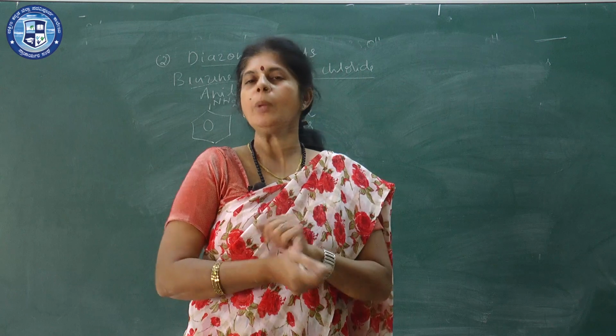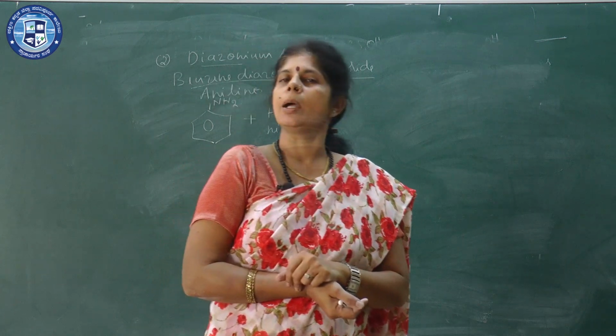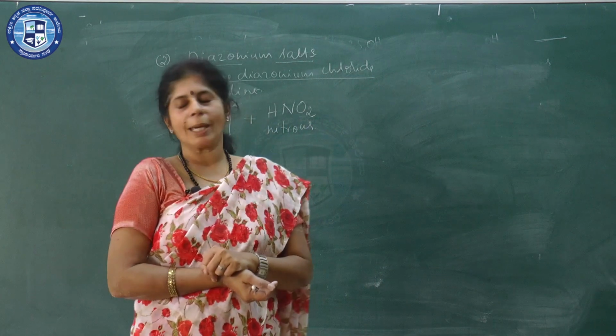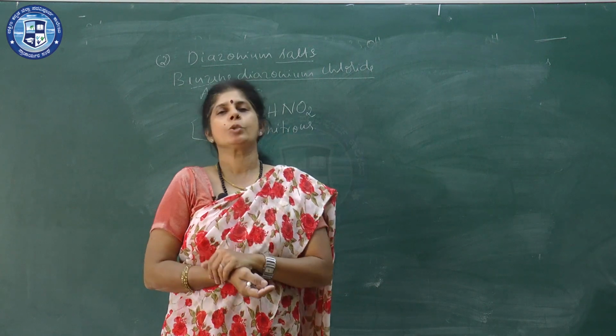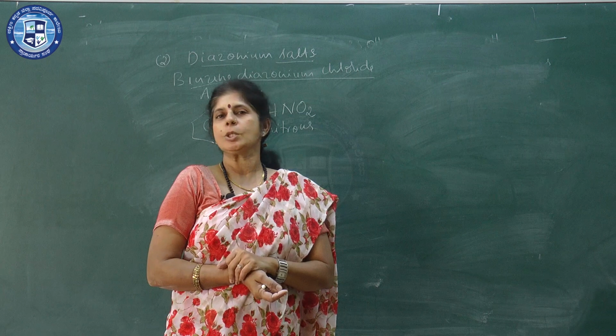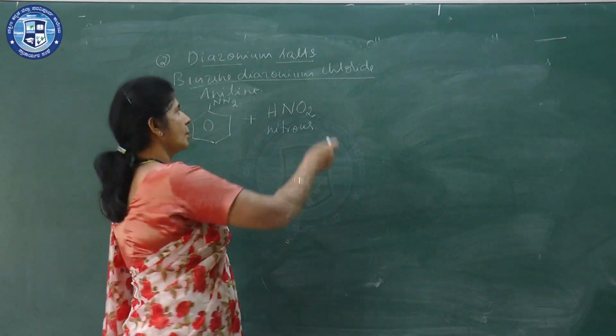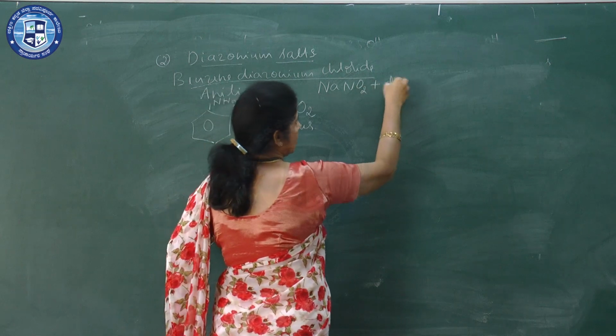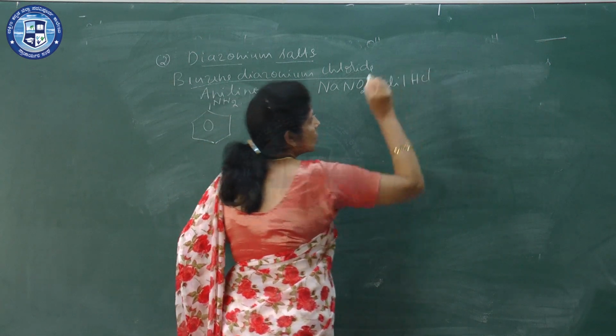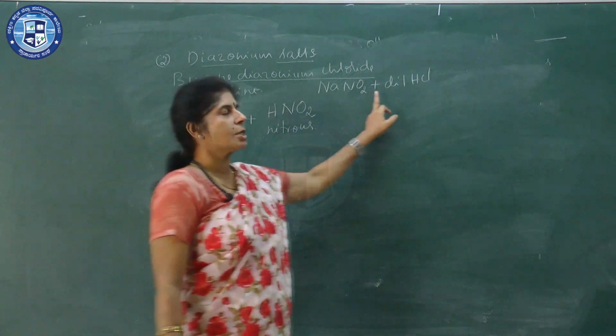But the problem with nitrous acid is that it is highly unstable. You cannot prepare it and store it in any bottle. Whenever it is required, you have to prepare it in situ just by mixing sodium nitrite with dilute HCl. Right? So usually go for dilute HCl.